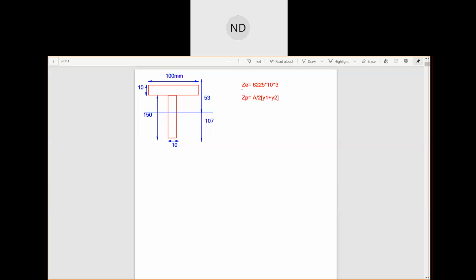We know our shape factor is ZP by ZE. We had calculated our ZE in the last class. So ZP we have to calculate now, and then we can find out our shape factor for this particular T section.